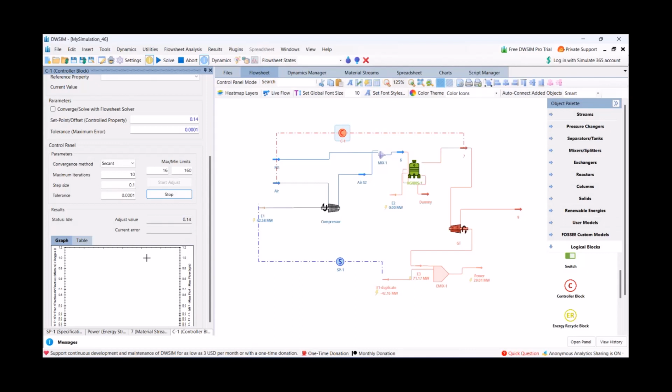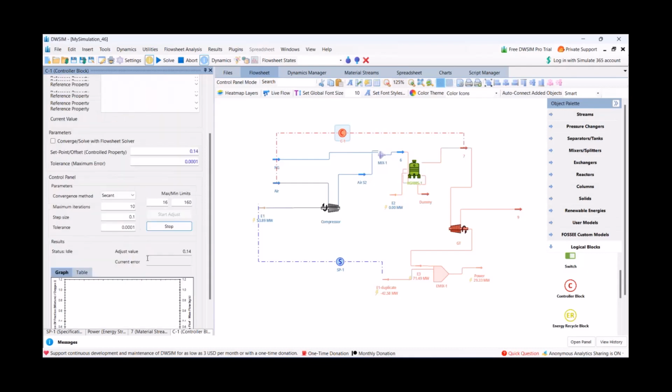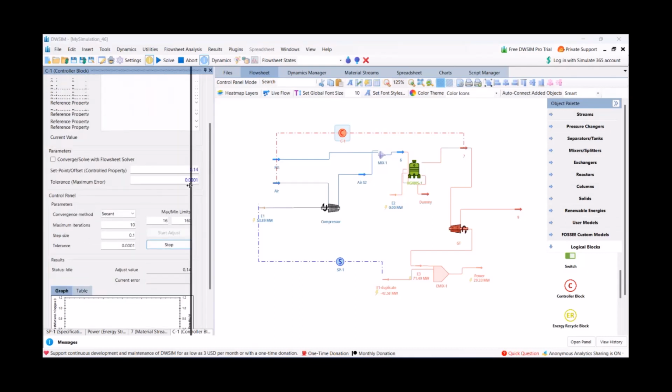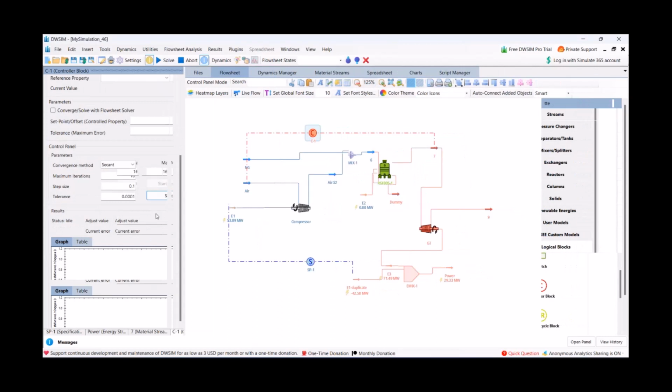Let's wait. And this is where DWSIM is a little bit lacking as compared to other process simulation software.